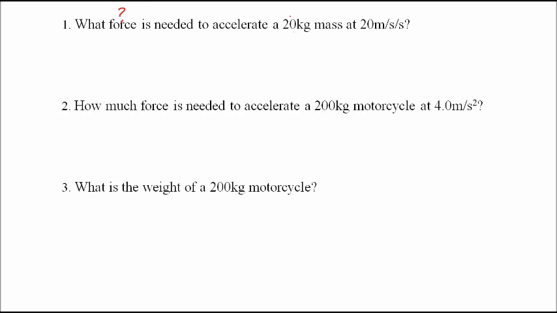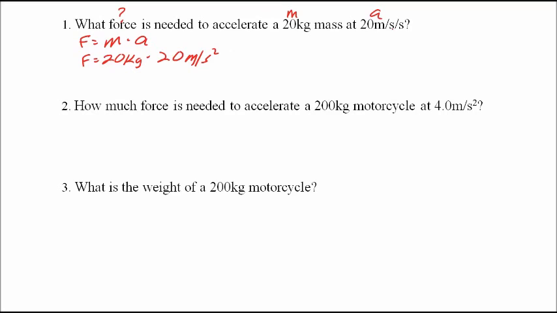Well, we're looking for the force again. We have a mass and we have an acceleration. So we can use this equation, force equals mass times acceleration. The mass, of course, is 20 kilograms times the acceleration, 20 meters per second squared.